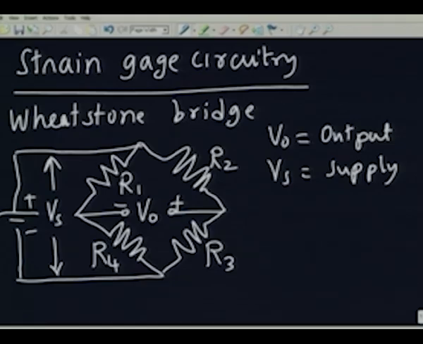In fact, we can show by simple analysis of this circuit that the relationship between Vo and Vs is given by the following formula. I will not derive it, it is very easy to do.